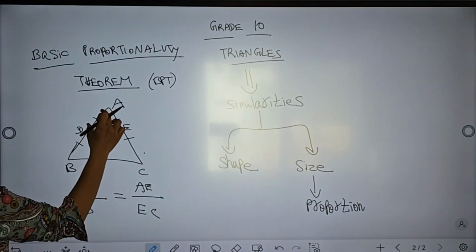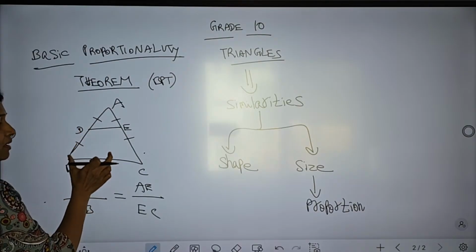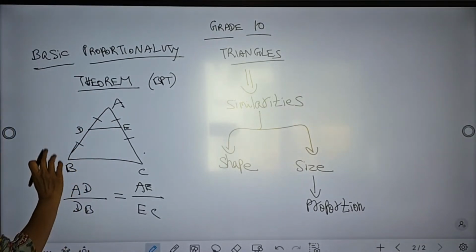Right? So their sides are in proportion, if a line is present which is parallel to any one of the sides of the triangle. So this is the BPT theorem.